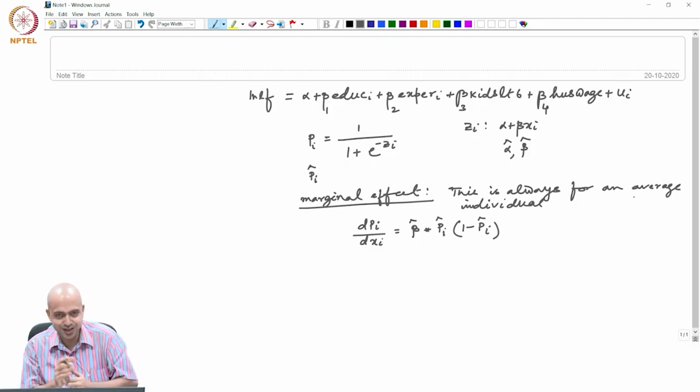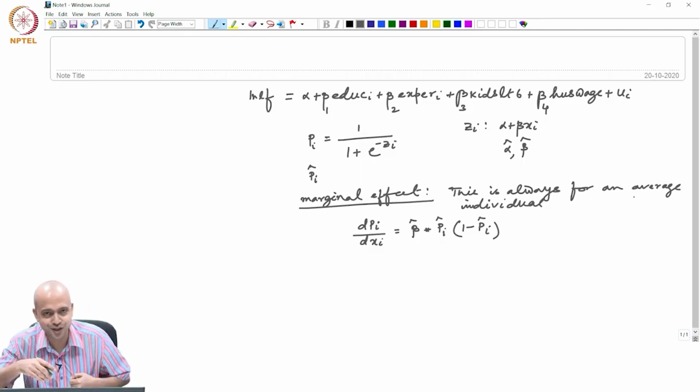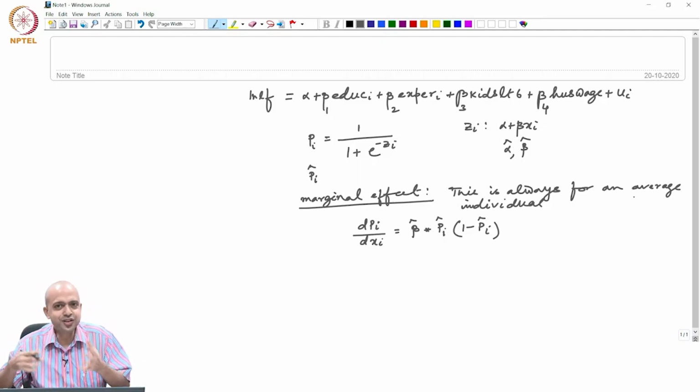Because in your data set, no one has that level of education, right? Every individual has her own level of education, own level of experience, kids and husband's wage. But interestingly, my marginal effect concept is related only to that average individual that may or may not exist.